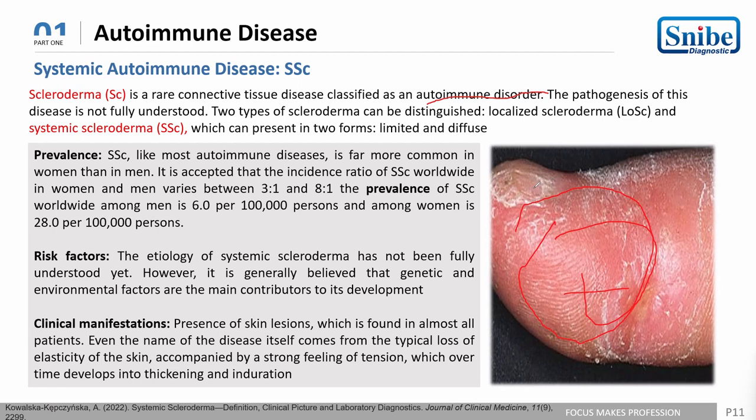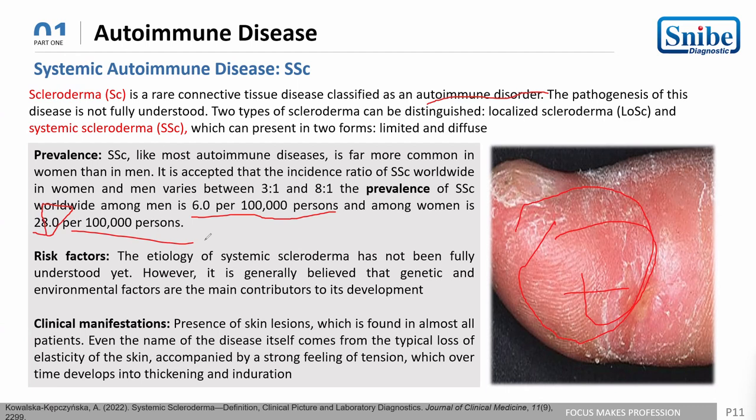The prevalence of SSc, that's systemic scleroderma, worldwide is 6 in 100,000, and in women it is 28 per 100,000. So you can see that the prevalence of SSc, systemic scleroderma, is higher in women as compared to men.